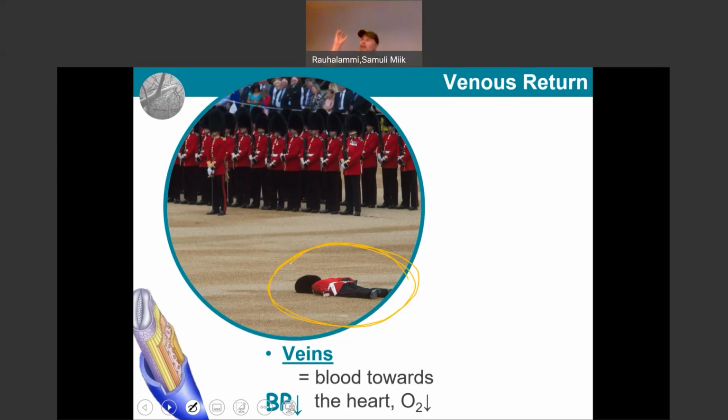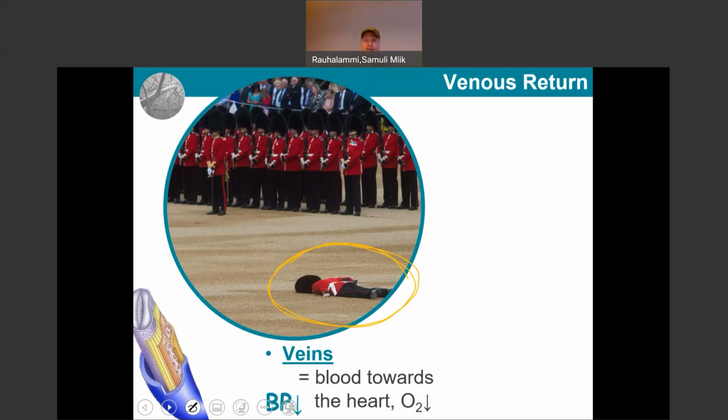The easiest way to fix that is to have the individual collapse and lie flat, because now blood can easily flow back to the heart. So let's eliminate the effect of gravity. So that's why we do pass out if we're not getting the venous return working.